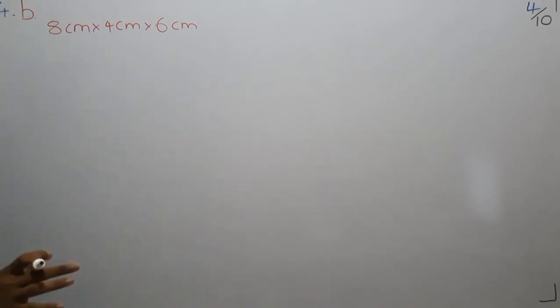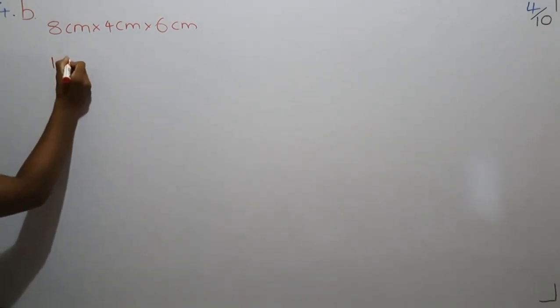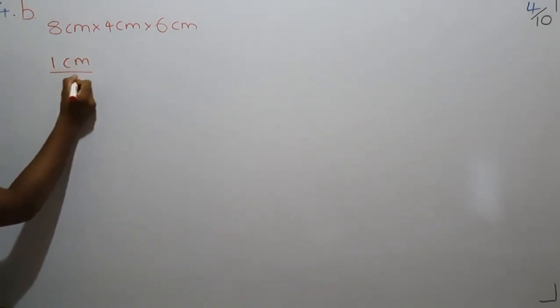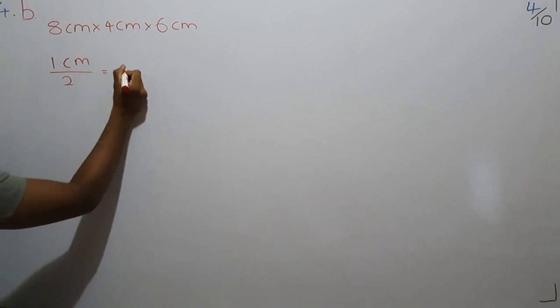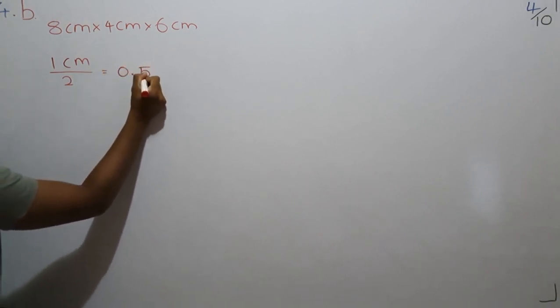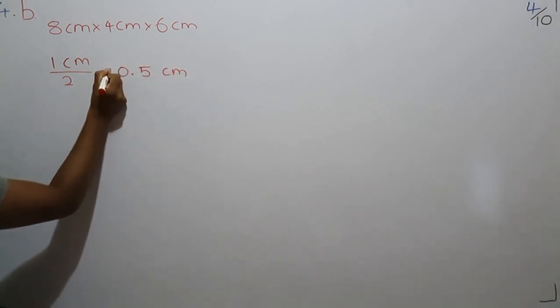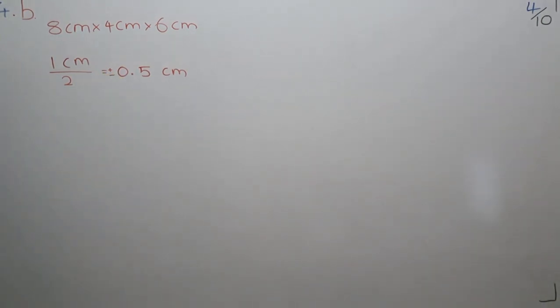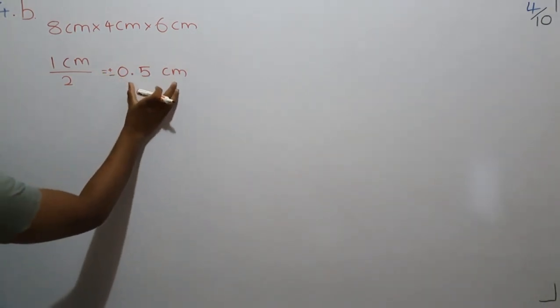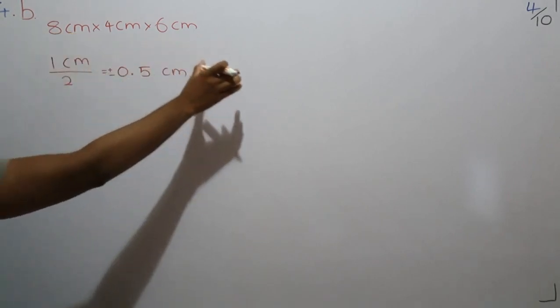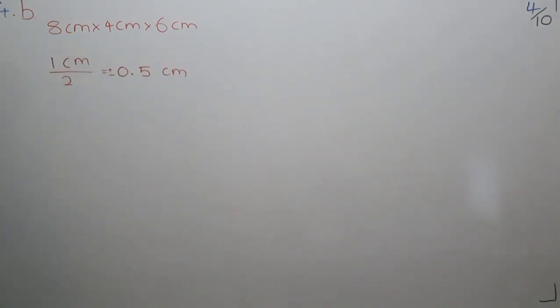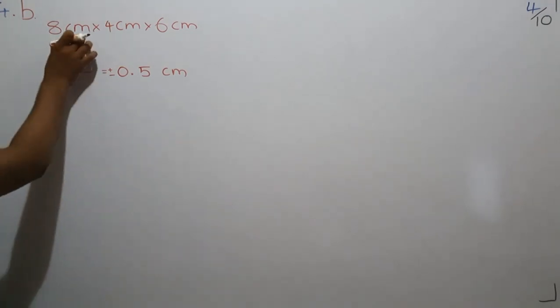Now when they give this nearest centimeter, make sure you write 1 centimeter divided by 2 and get the boundary addition and subtraction. This is what we should use to calculate the lower bound. Calculate the lower bound of the volume of the cuboid. So these are the lengths.